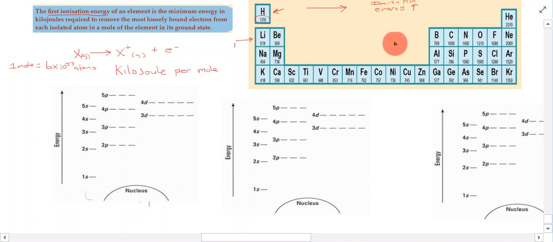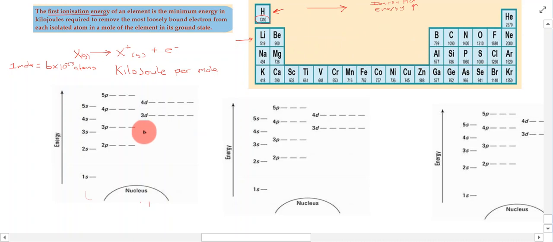Then carbon jumps up to 1090, nitrogen goes to 1400, and oxygen goes to 1310. Now what I want to look at first of all are these two atoms here, beryllium and boron. What we would expect is that beryllium would have a higher ionization energy based on its location on the periodic table, but it actually has a slightly lower ionization energy than boron.